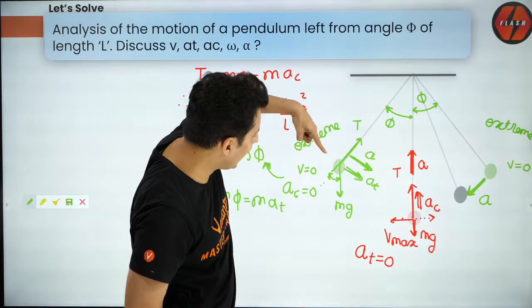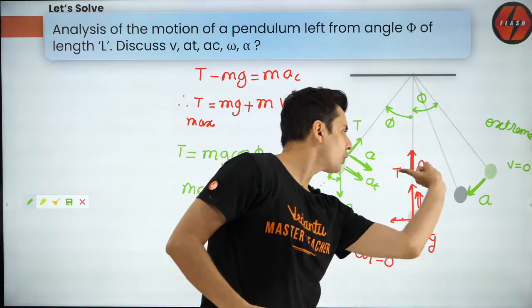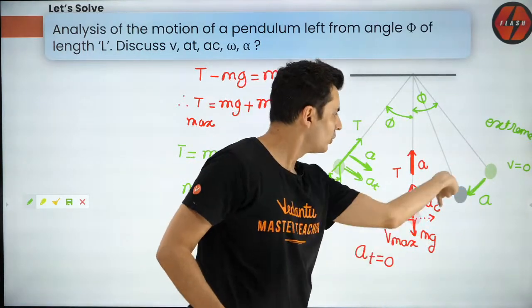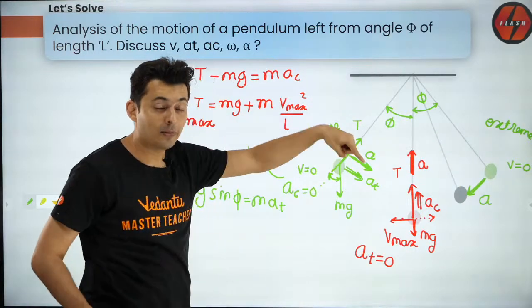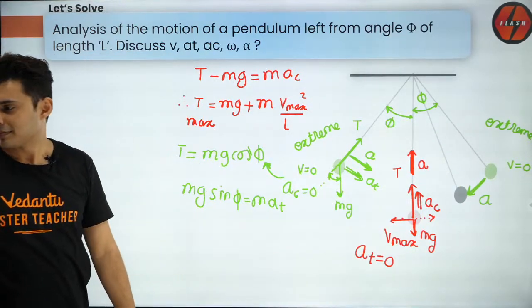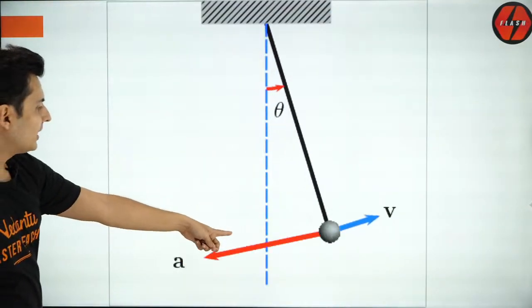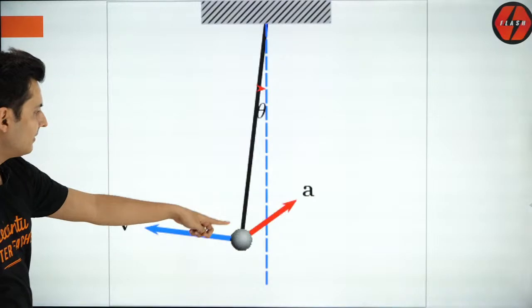Do you see how that acceleration vector is rotating? It goes like this and like this. That's how it moves. Very interesting. So that explains that simulation, how that acceleration vector rotates itself.